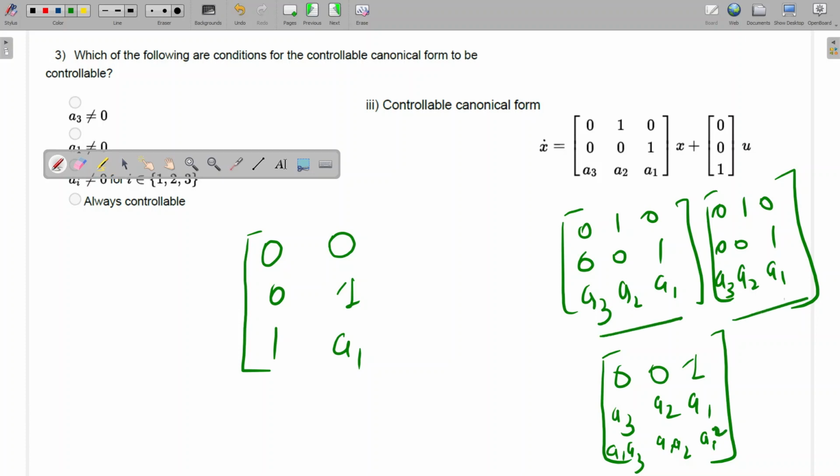A into A square. Okay. So what will be the A square B? If we do A square into B, the first element will be 1. Again, if we multiply with the second one, then it will be A1. And if we multiply with the third one, then what should be the value? Any mistake is there? One second.